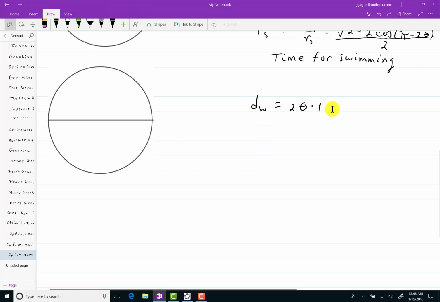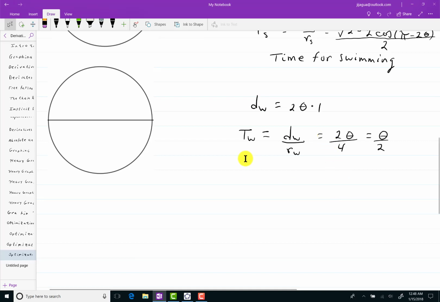So there's my d sub w, and then what is going to be its total time? So let me call it t sub w, equals the distance traveled divided by the walking rate, which is 2 theta divided by 4 miles per hour. And so that gives us theta over 2.